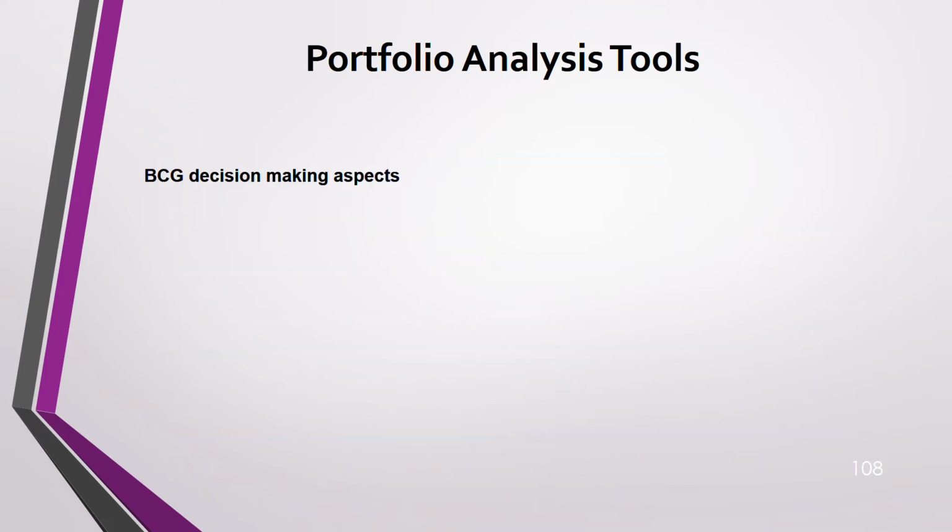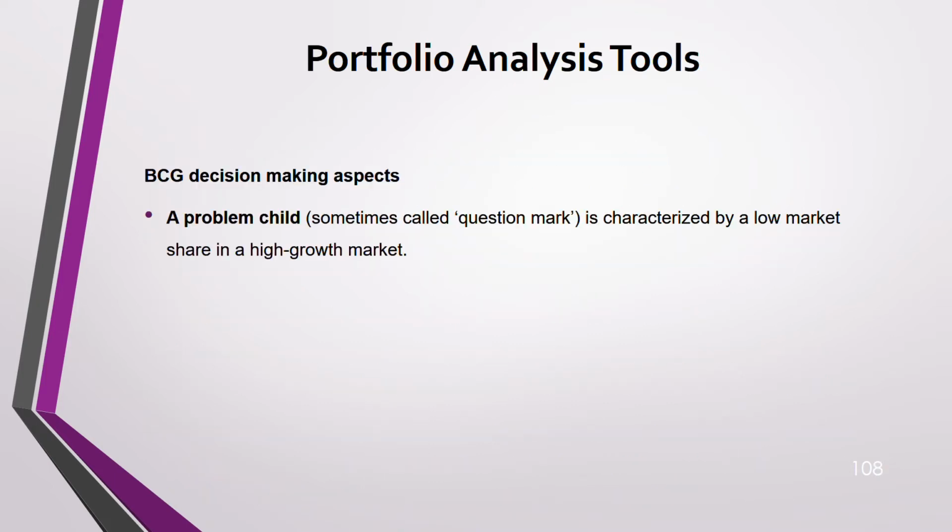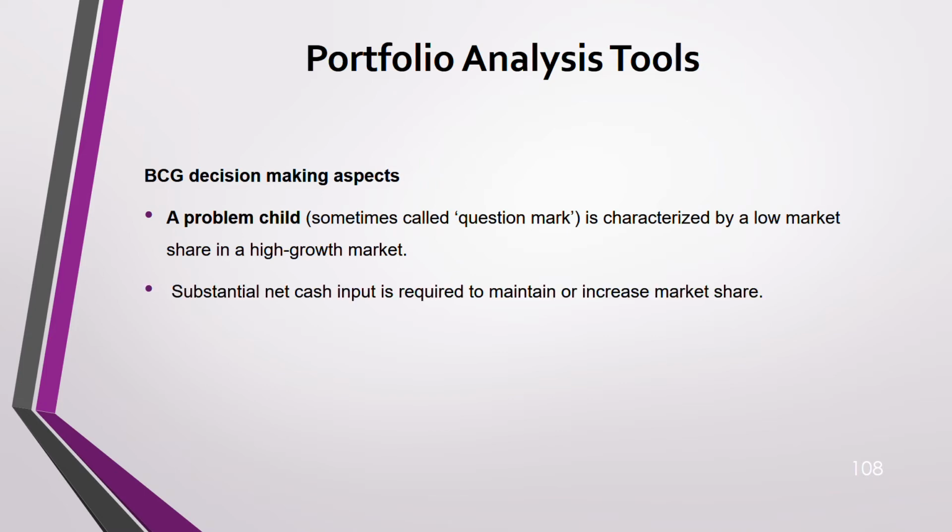Now we are moving to the problem child. A problem child can sometimes be called a question mark also. Here, market growth is high, but market share is low. Here, substantial net cash inflow is required. You need a lot of cash here to increase your market share because you want to take away customers from your competitors. You need cash for that in promotion and all those things.